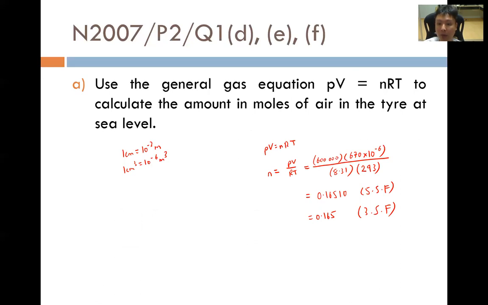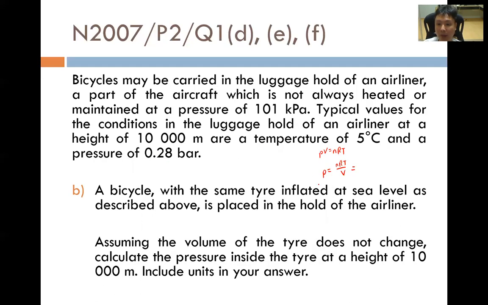So the number of moles is 0.16510. R is again 8.31. The temperature is 5 degrees Celsius, and we add 273 to it, so it's 278. And then the volume also does not change, and the volume will be 670 times 10 to the power of minus 6. When we do this, the answer will come out to be in Pascal.